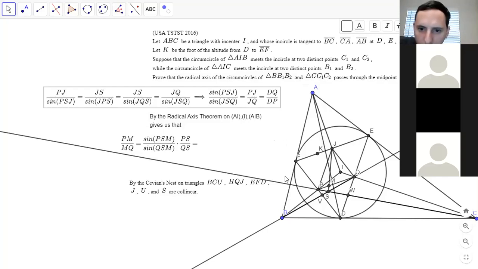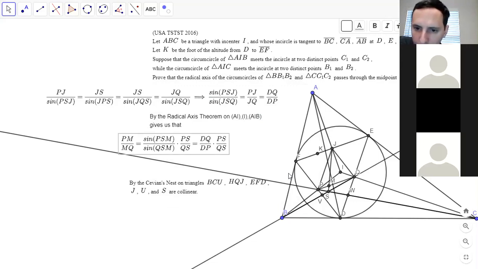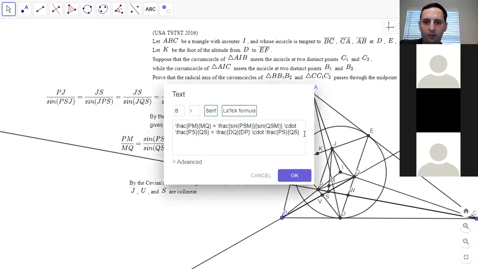So now MP over MQ will be equal to DQ over DP times PS over QS. And PS over QS is DP over QC because BQC is cyclic.